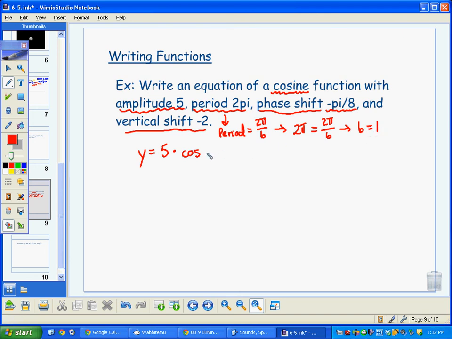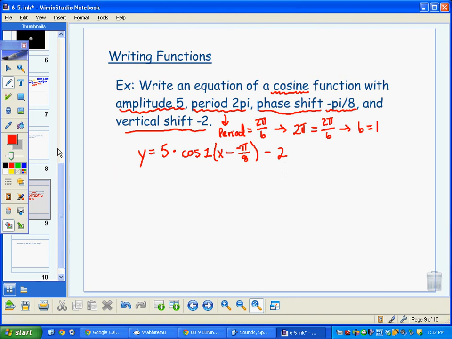So b is 1, so this is just going to be 1, and I'm going to write it in there even though we technically don't have to, times x minus the phase shift was negative pi over 8, so minus a negative pi over 8, and then a vertical shift of down 2, so minus 2, and that's done.